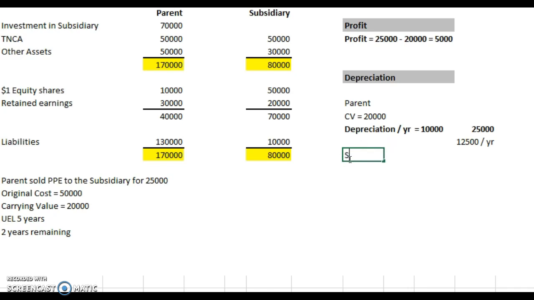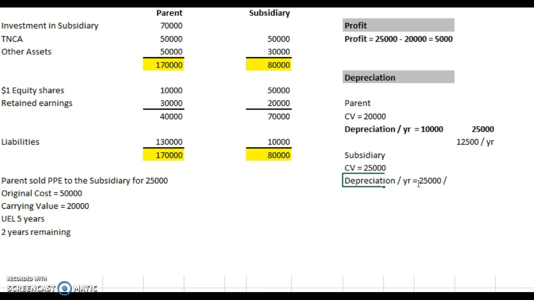And for the subsidiary, the carrying value, which is the purchase price, was 25,000. So the depreciation per year was 25 divided by 2, because there's only 2 years remaining now.